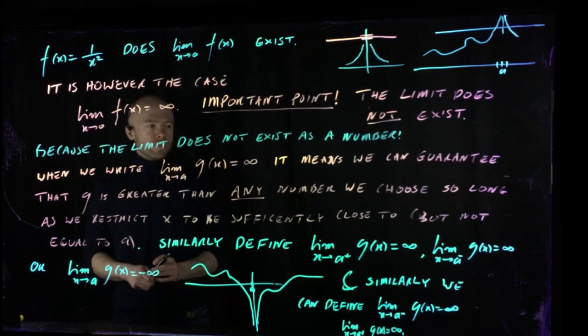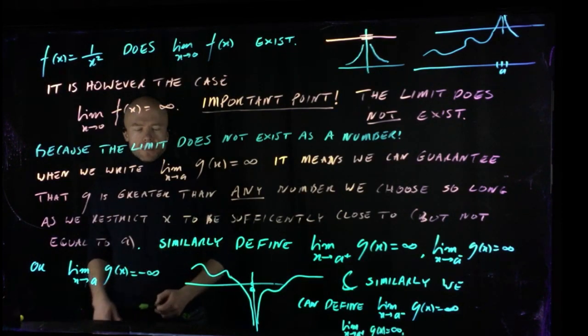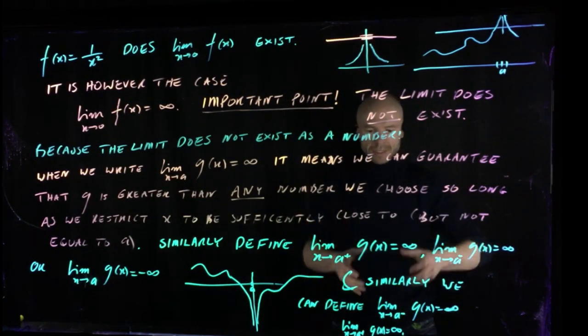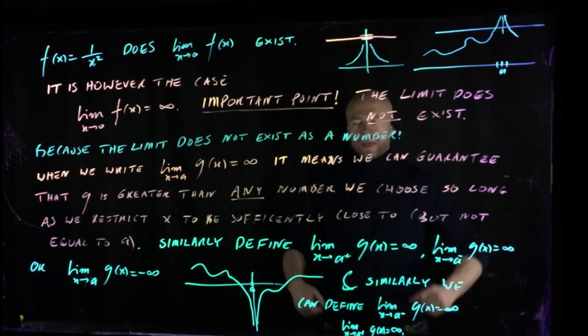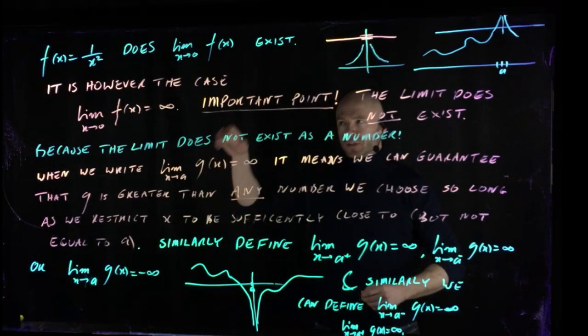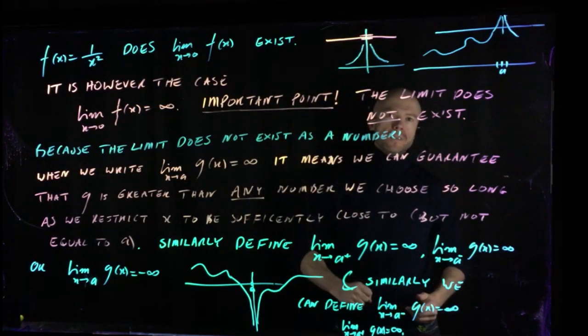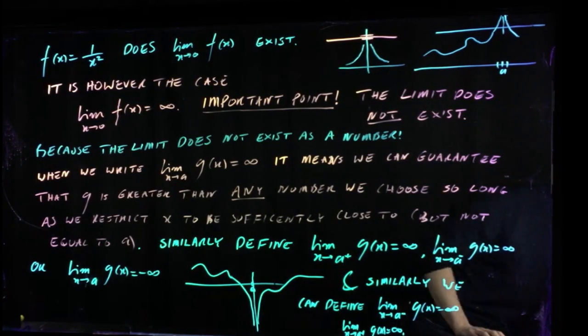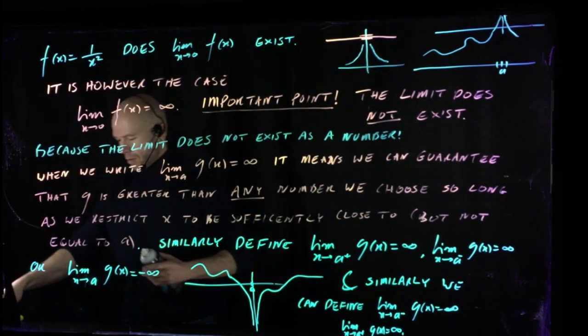Okay, so those are limits that do not exist, but we can still write them, and we say the limit is infinity. All right, let me erase the board and give you some more definitions.